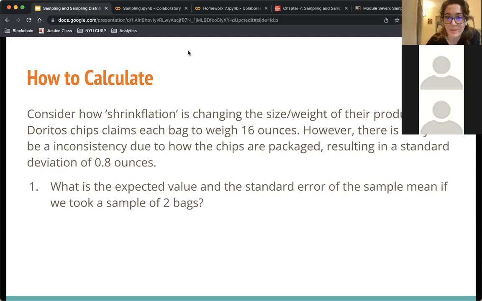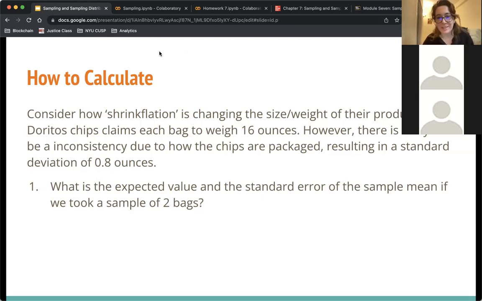As companies try to rectify lost profits or battle supply chain constraints, they are giving you less for the same price. I use this in this example to think about how the size or weight of products shifts over time, and whether we can actually measure that as a data point. So this is just a little case study.